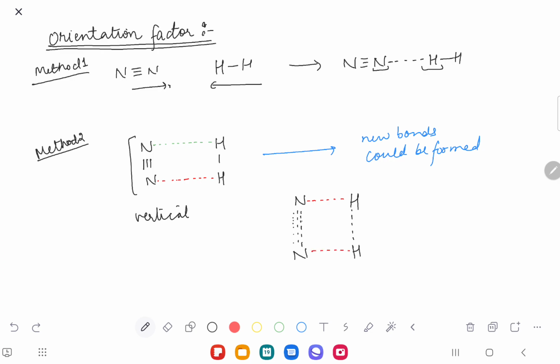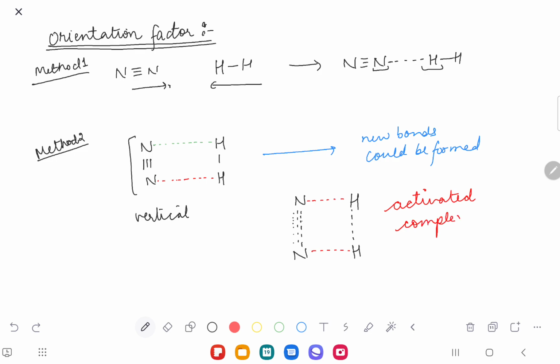Right? So this is called a state, an activation complex, or activated complex. What do you mean by activated complex?